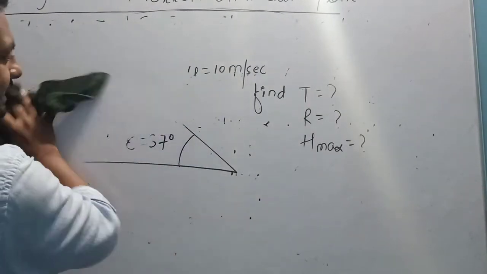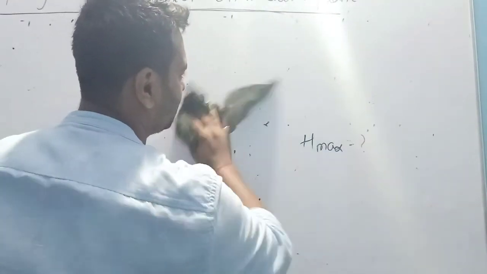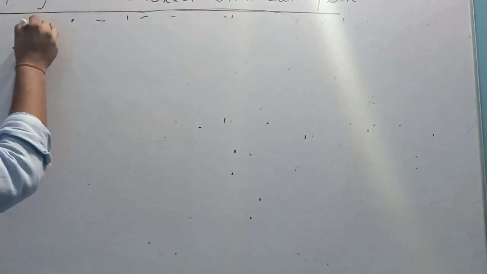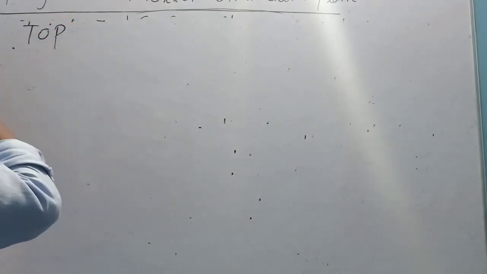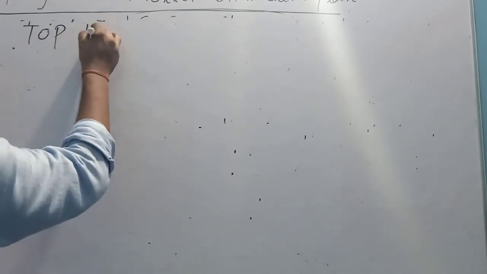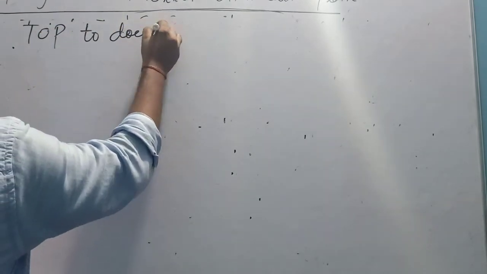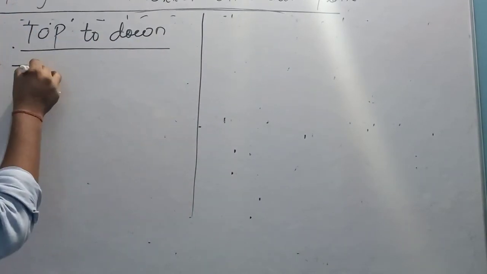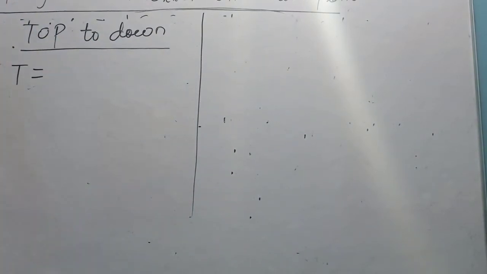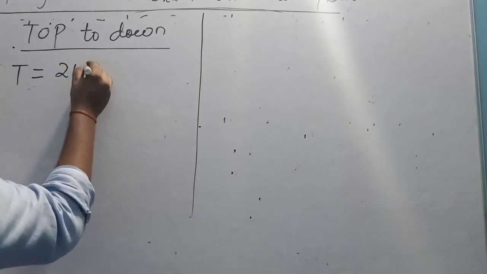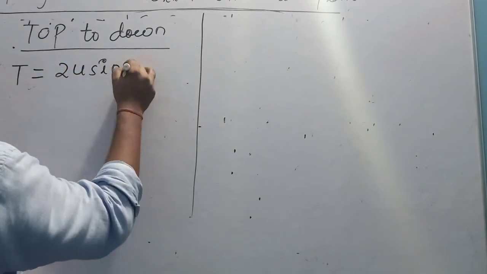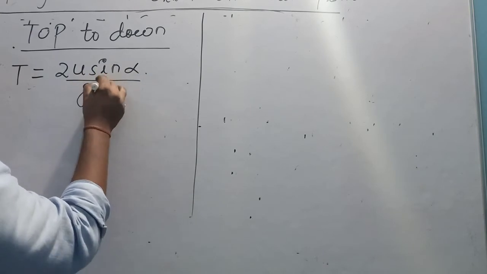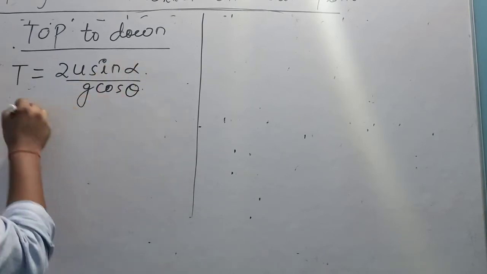You can very easily understand the other one. For top to down, what parameters have we obtained? What was the value of time of flight? Time of flight was 2u sin alpha upon g cos theta.